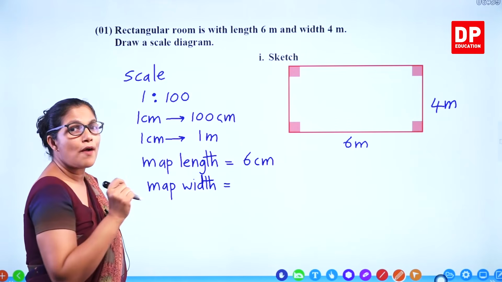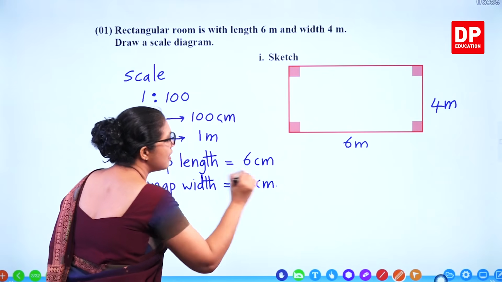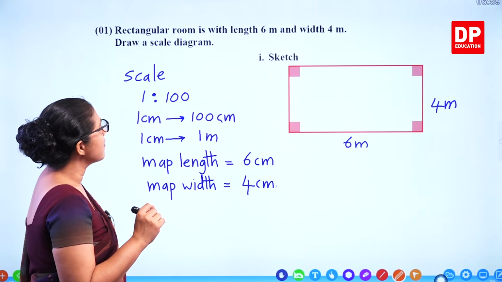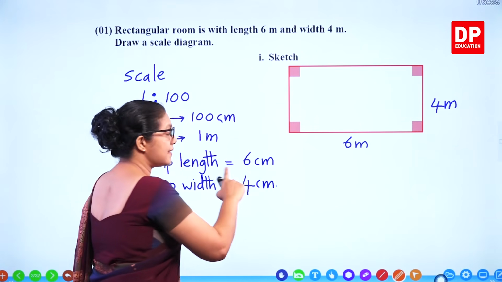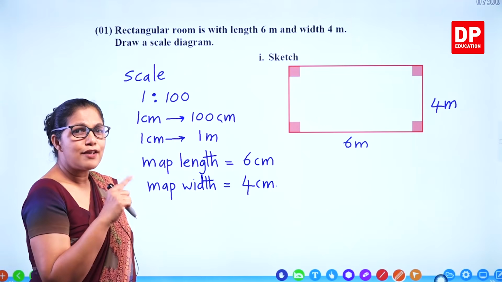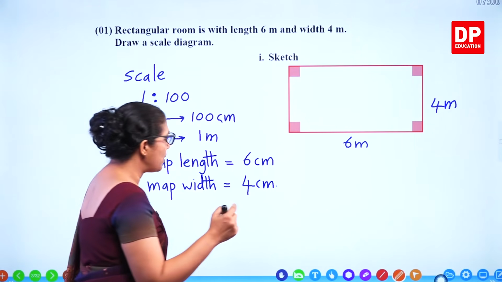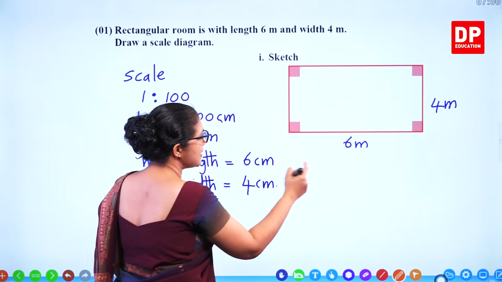So that means you have to take 4 centimeters. Now we can draw the scale diagram. So how do we draw the scale diagram? You have to take the length 6 centimeters and 4 centimeters and draw a rectangle. So we need 4 centimeters and 6 centimeters.